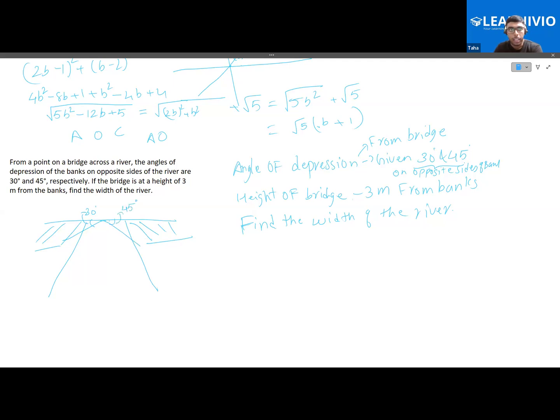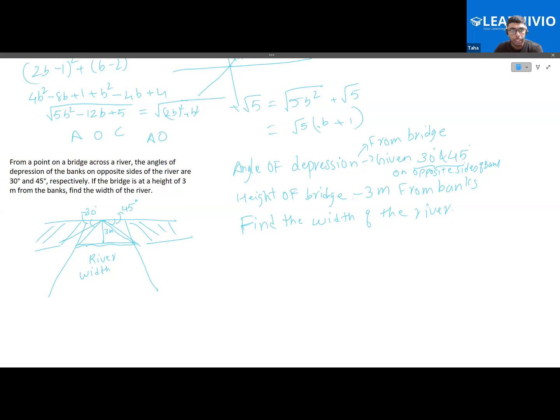And we are being told the height of this bridge from the river is 3 meters. And we are being told to find the whole width of the river. So this is what we are being asked. It is not very evident from the question, but this is what you are being asked: the width of the river.